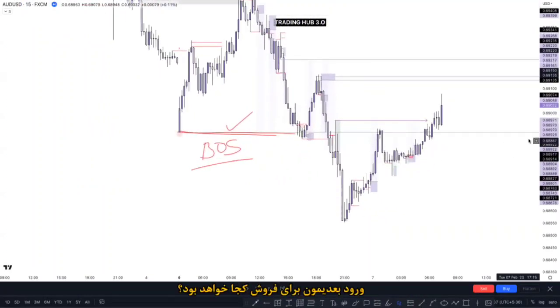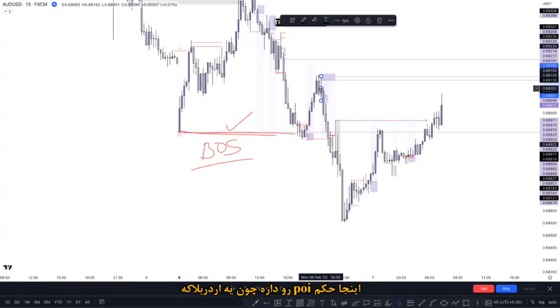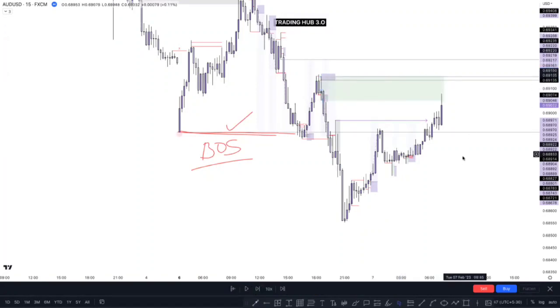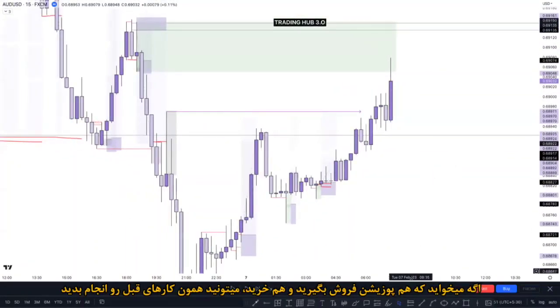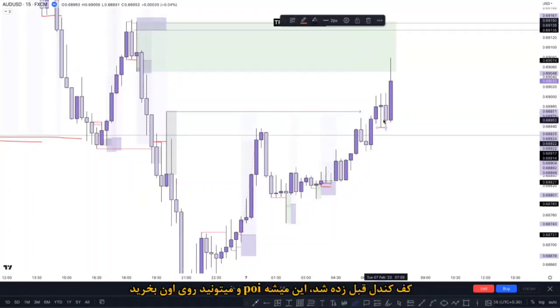Okay. And where is our next possible entry for a sell? So these are PY, as you know, because this is our order block here, right? If you wish to sell here, you can buy here and sell here again. Same situation: the previous low taken out acts like a PY, you can buy here, right?